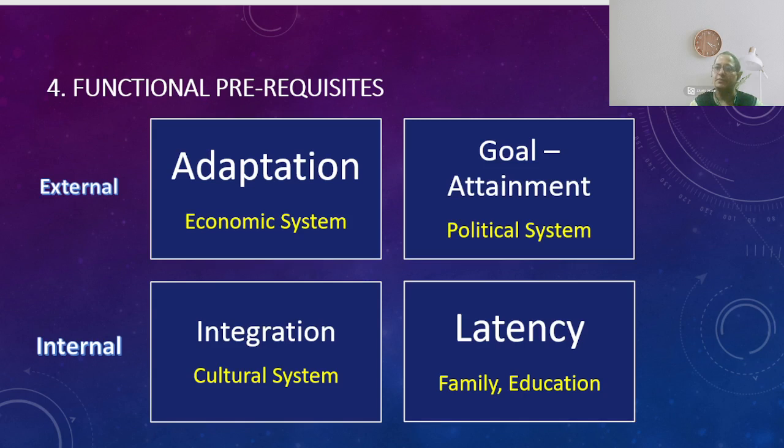In the political system, people organize and mobilize themselves, and the leader of the nation decides where the country wants to go. They are representatives of the population itself, so it is ultimately the wish of the society that is being represented at the top level by the leader we choose. So these two things are external, whereas the internal ones are integration and latency.